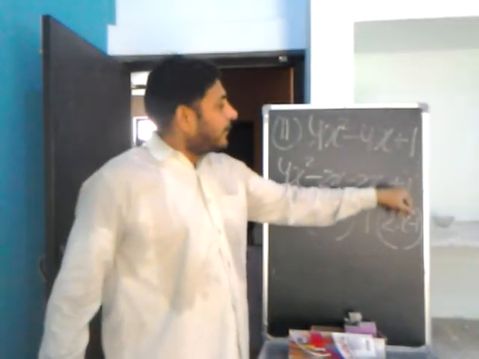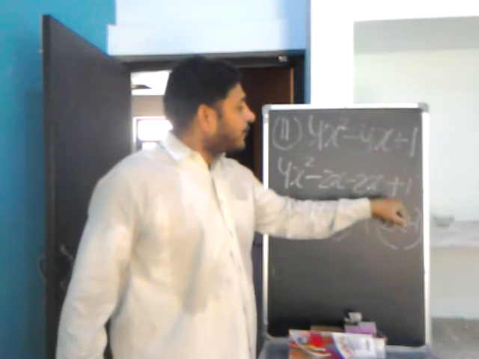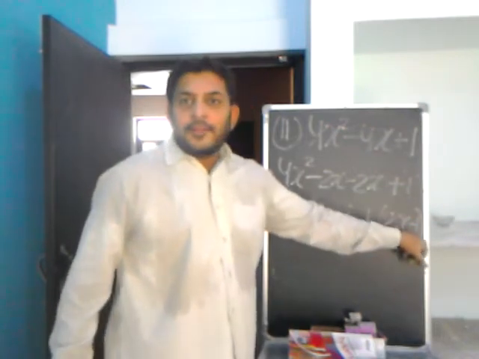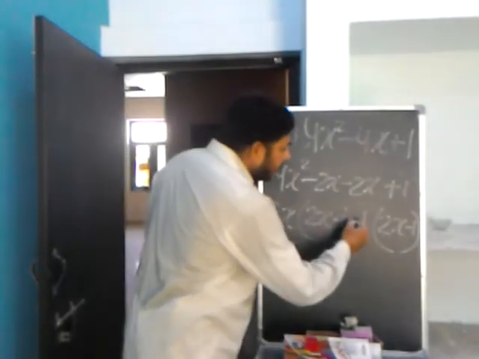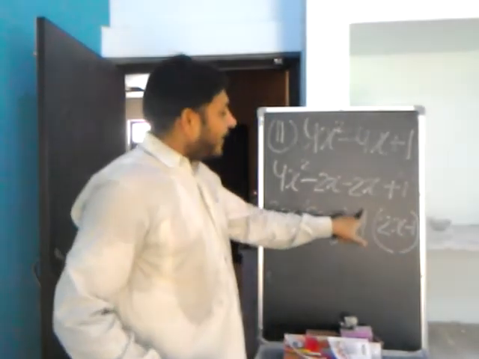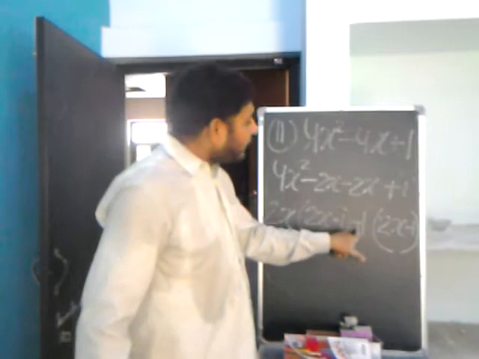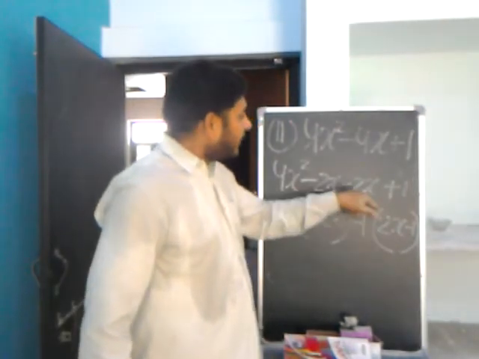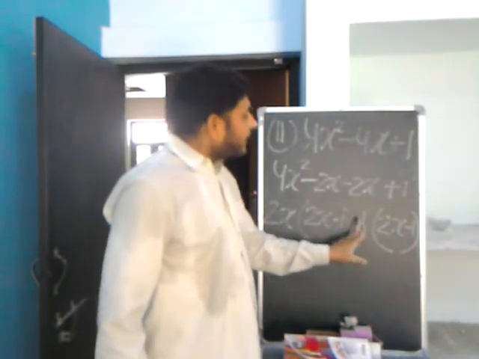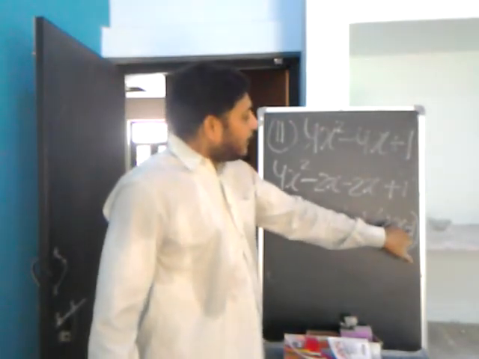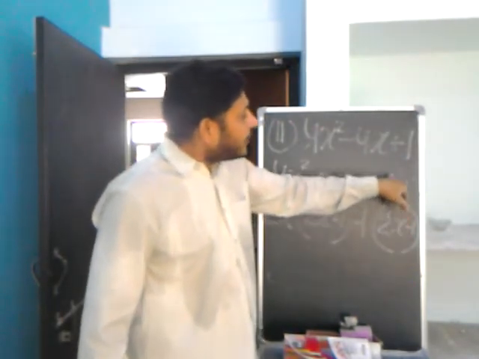But here the sign in front of 1 is plus, and here we need the sign of minus. What will we do? We will put the sign of minus in front of this one. Minus 1 will multiply by minus 2x plus 2x and convert it into minus 2x. This minus 1 will multiply by minus 1 and convert it into plus 1.